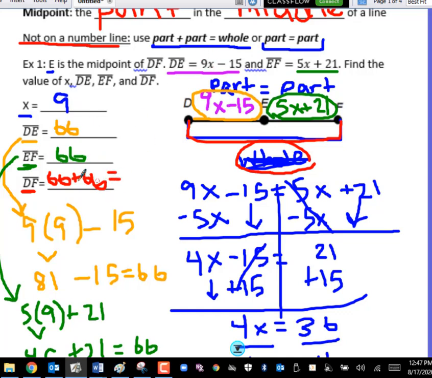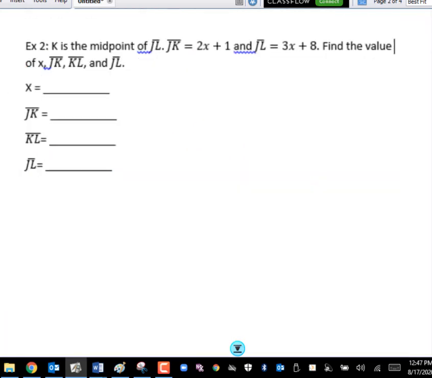And 66 plus 66 is 132. You would type that in the calculator, or you can do it in your head. So that's if you're doing part equals part. You got to put one side equals the other side. Easy.